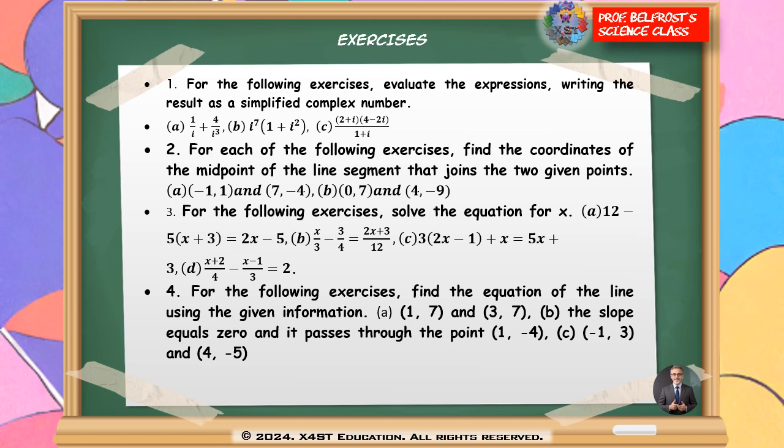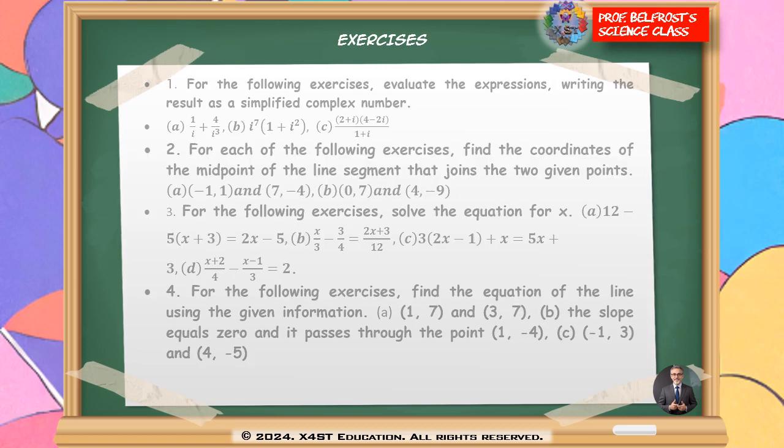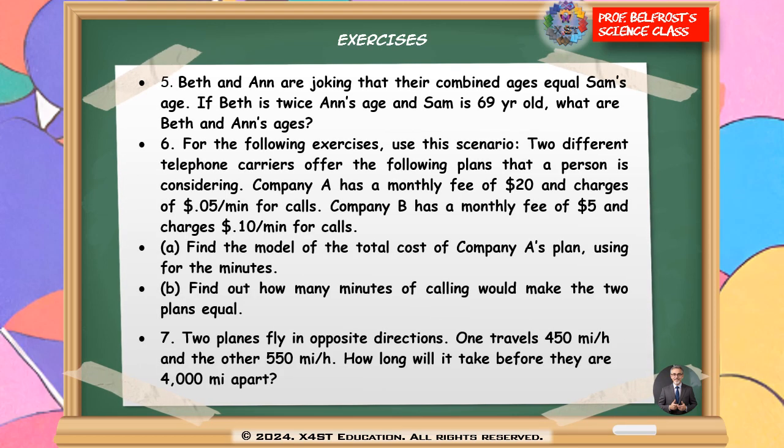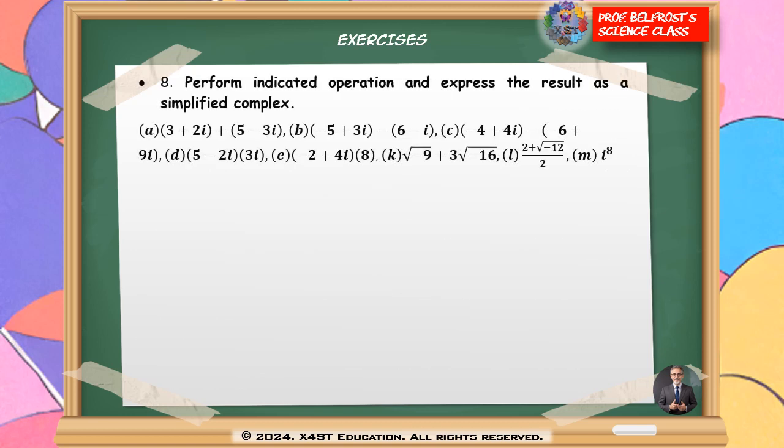And here is what you need to solve. This is your homework. Please take a screenshot and take your notebook to find the answers to 1, 2, 3, 4, 5, 6, 7, and 8.